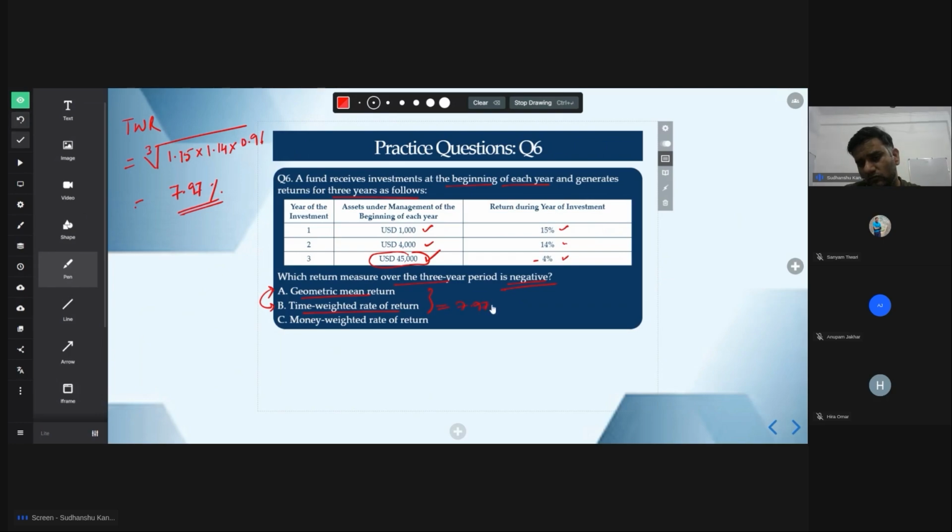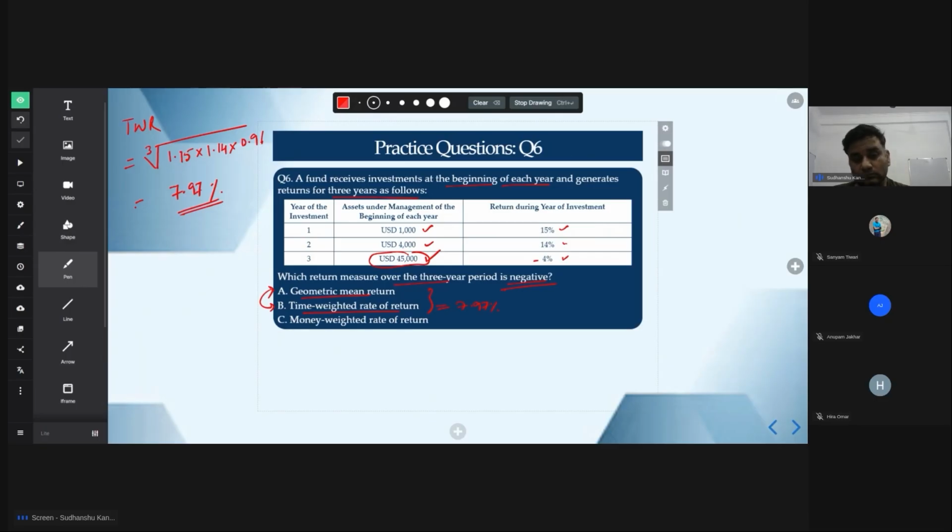So you're pretty sure that the geometric mean return will not differ too much from it. Then I don't even need to calculate the money weighted rate of return, because I know geometric mean and time weighted rate of return are almost the same, because time weighted return is also geometric mean return. So both are 7 point something. That makes it easier for me to understand.